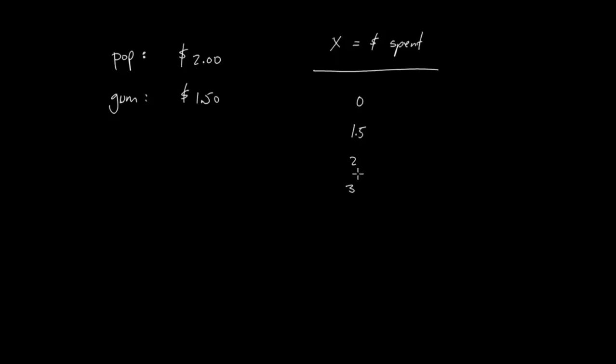Or maybe somebody bought a pop and a pack of gum. That's $3.50, and so on. Basically, I can keep going forever, and I can have tons and tons of new values. But what I'll never see is any values between 0 and 1.5. This is not possible.